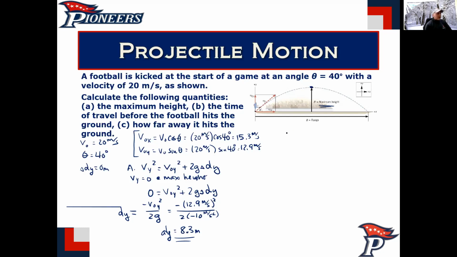Now I need time, right? And I'll go with this method since a lot of you said that earlier. Depending on if you make that 0 or not, and a lot of you might, if you did use this equation, you might be in that mindset where that's 0. So I'll just do it this way. Solve this for t. But remember, because I made that 0, that's only going to give me the time for it to go up.